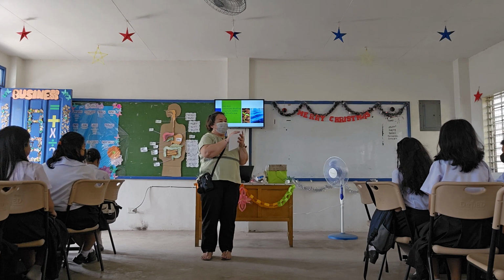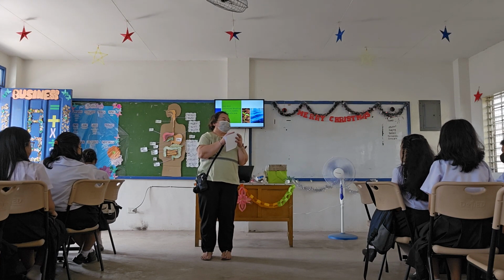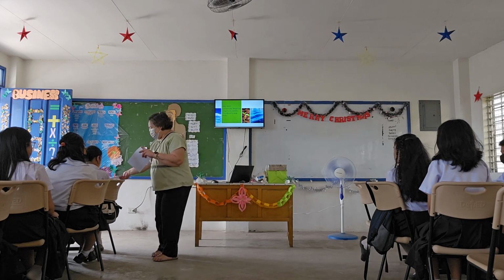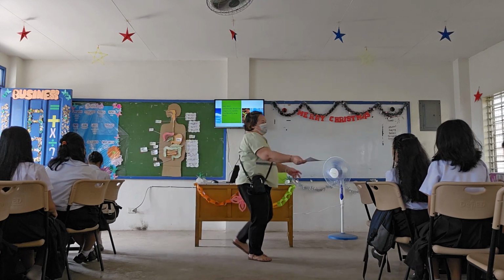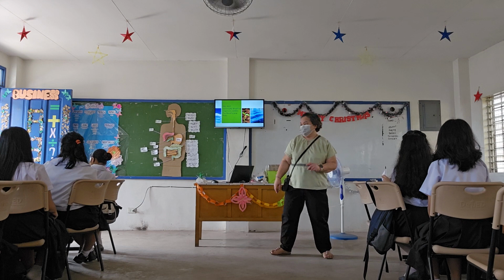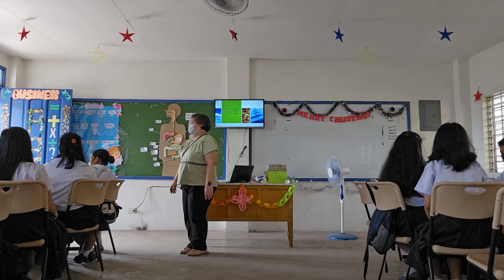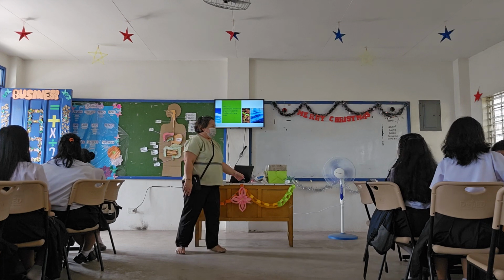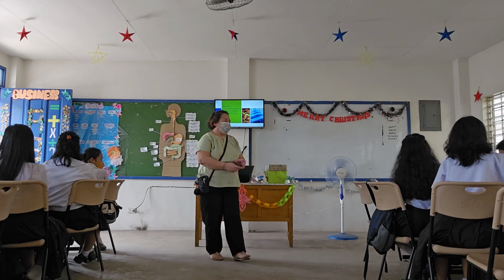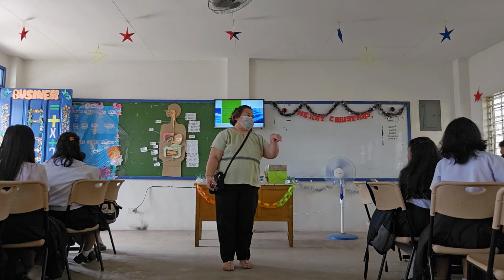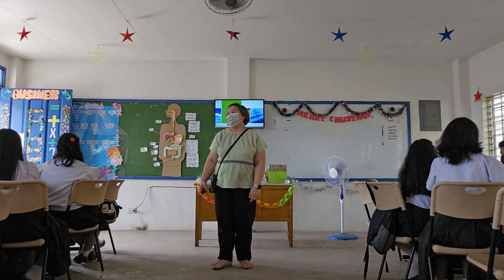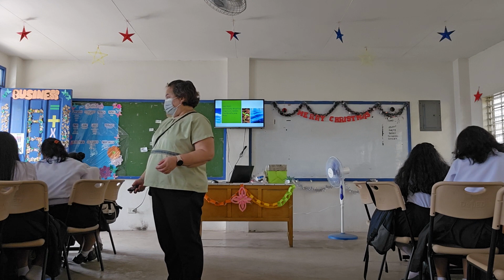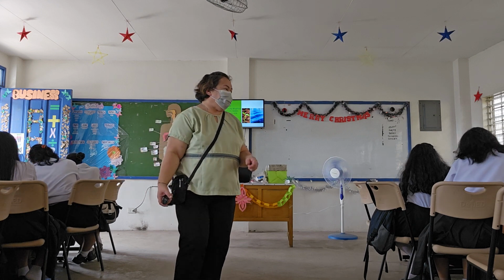I'll be giving you 3 to 5 minutes to answer the test. Please get one and pass. You can use the paper in answering and then later on, let's exchange papers.